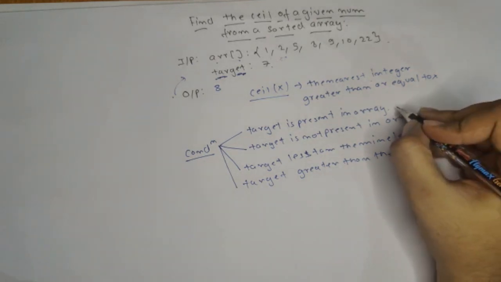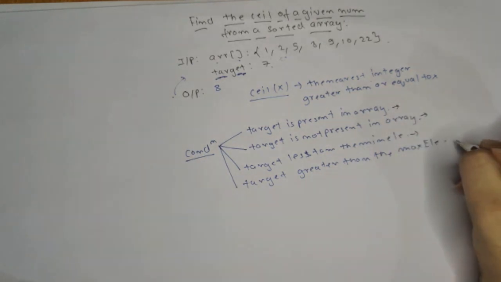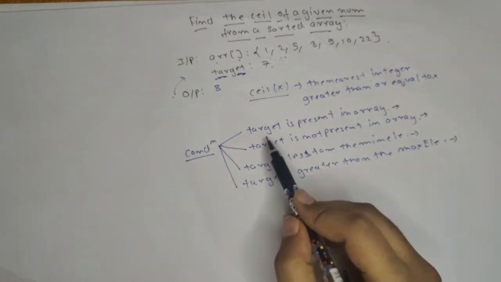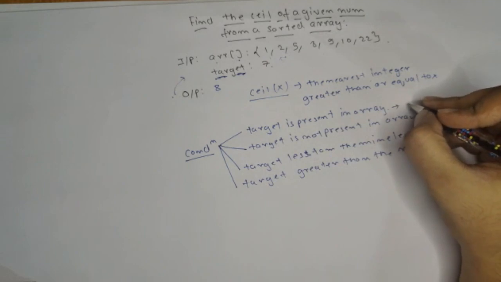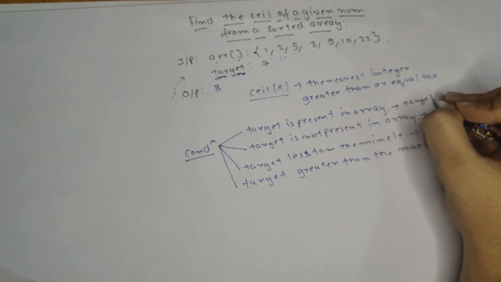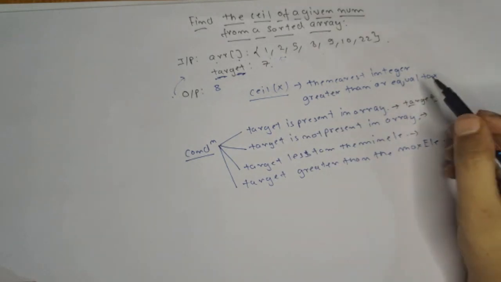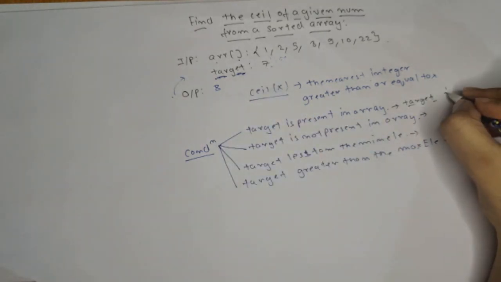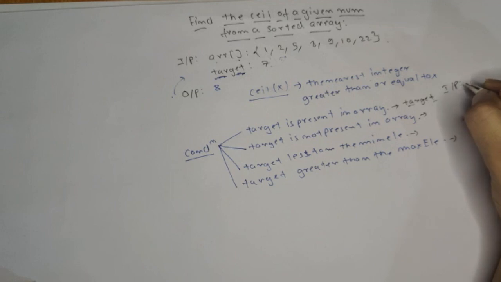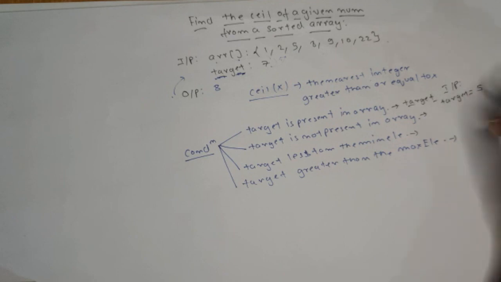So what will be the output in these four cases? Let us discuss that. What if the target is present in the array? Then the output should be the target itself. Why? Suppose we have the same array as input, and the target value we are looking for is 5.